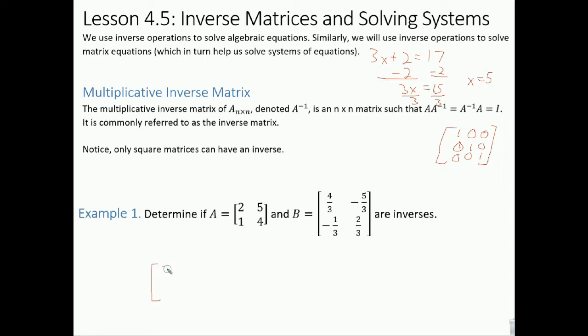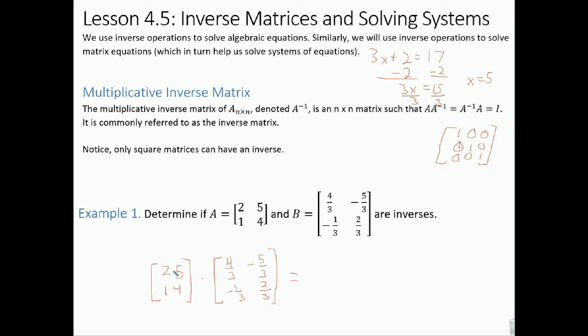So we have 2, 5, 1, 4. And we're going to multiply that by 4/3, -5/3, -1/3, and 2/3. So I got some fractions in there, but it shouldn't be too bad. Let's give this a try.